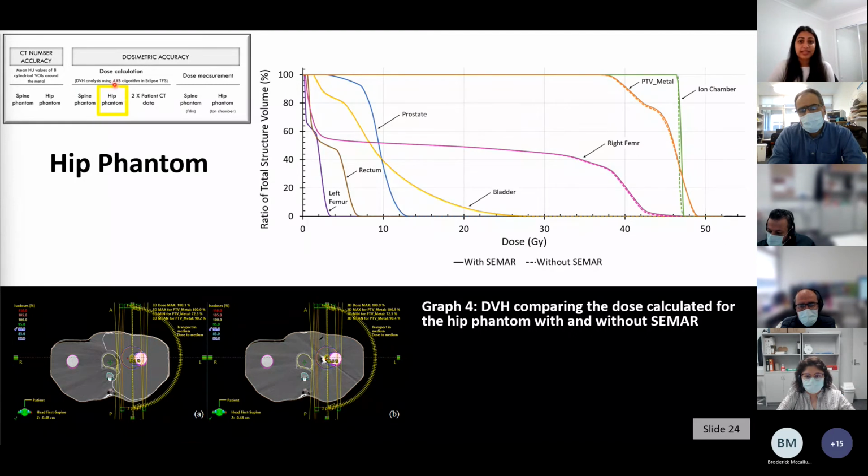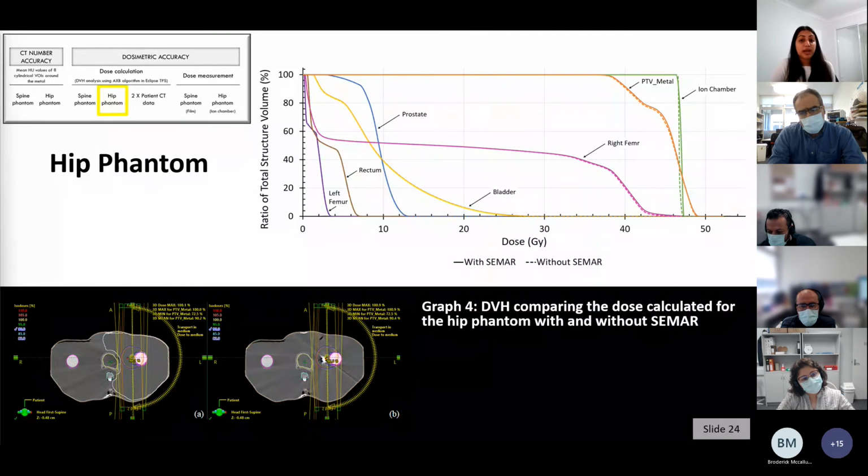So moving on to the hip phantom now, the PTV included the ion chamber and a small part of the metal as shown here. So this replicated the scenario of patients with PTV including their metal implant, which can occur in clinical practice.